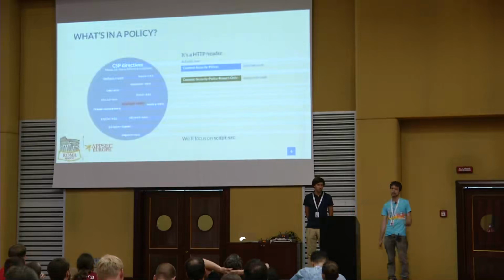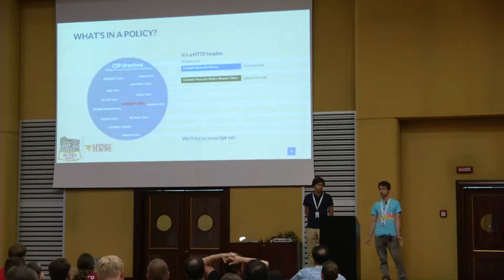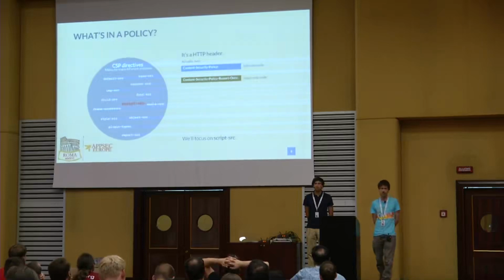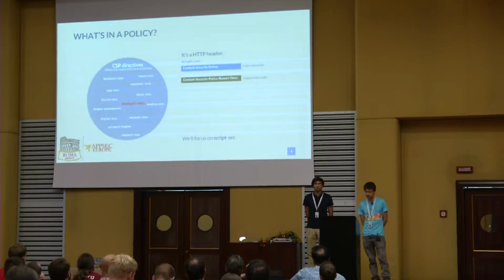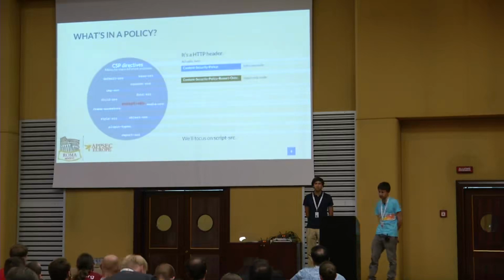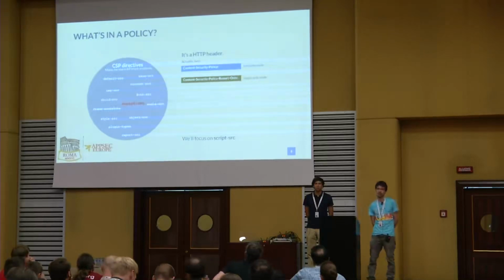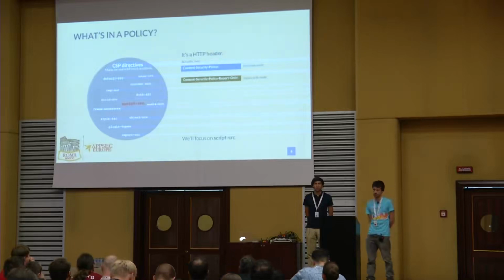So CSP has a lot of directives, and each directive aims to control a different resource type. For example, image source governs images, font source, fonts, child source, well, frames, but more in general nested browsing contexts, so also workers.